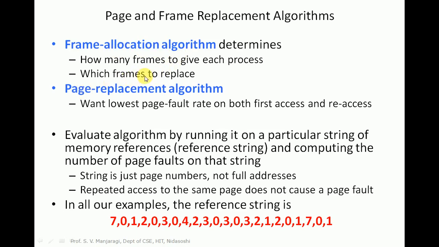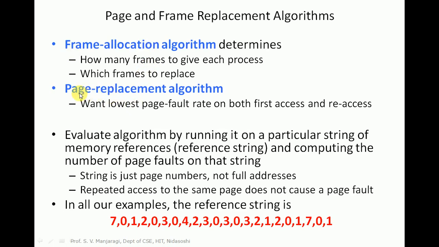If no free frames are available for the new page, we have to replace an existing page. So which frame we need to replace, which frame should be selected as victim, that will be decided by the frame allocation algorithm.